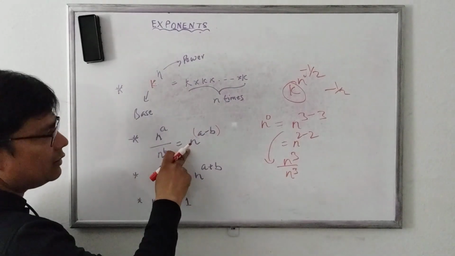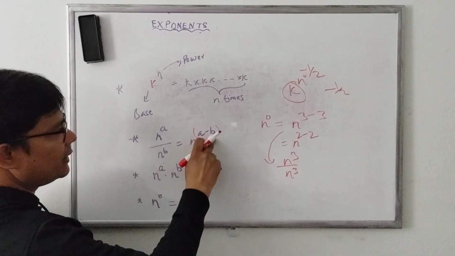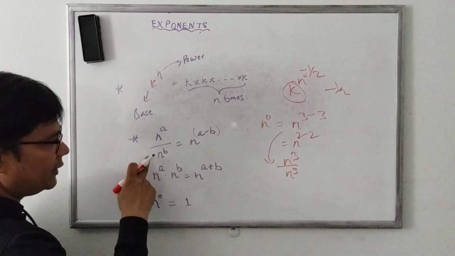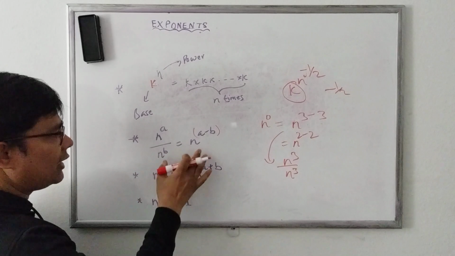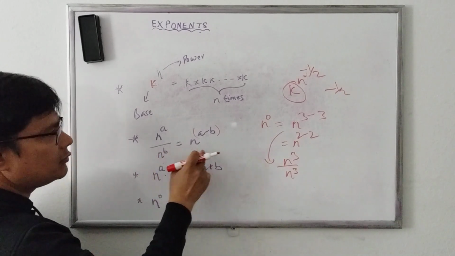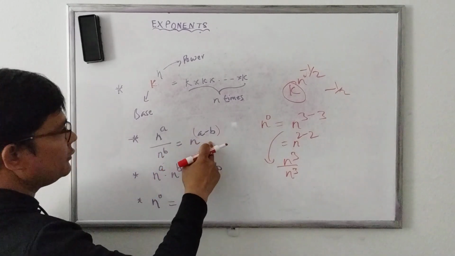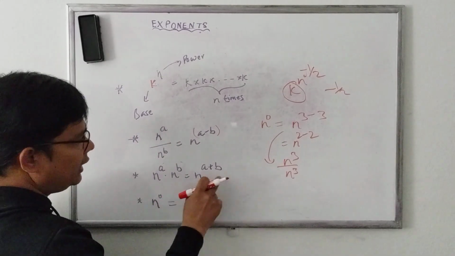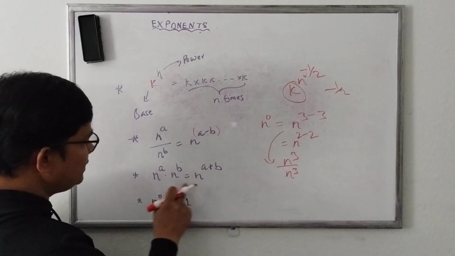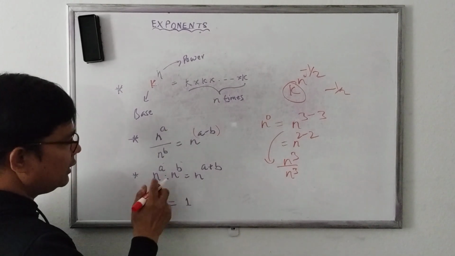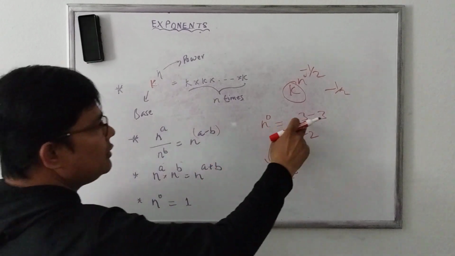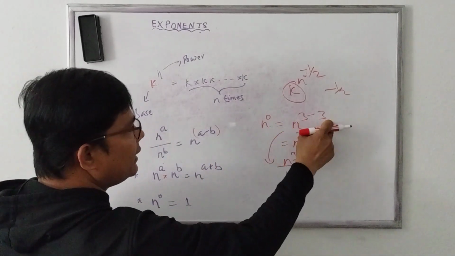From this formula, n power a minus b is equal to n power a divided by n power b. It works both ways. If I say n power a plus b, that means n power a times, with the multiplication sign, n power b.